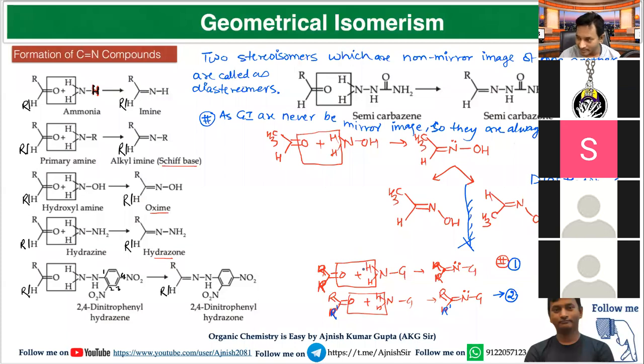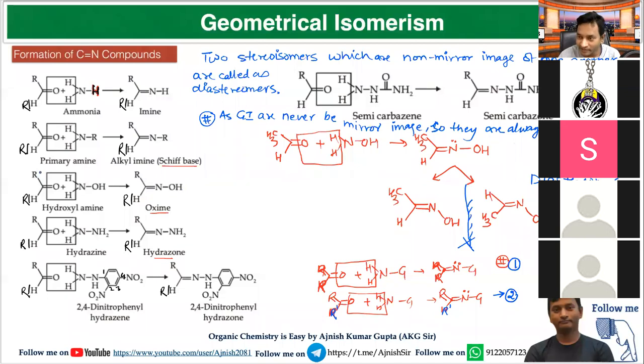Which aldehyde or ketone reacts with NH2OH, that means hydroxylamine, to produce an oxime that will show GI? Is it clear?